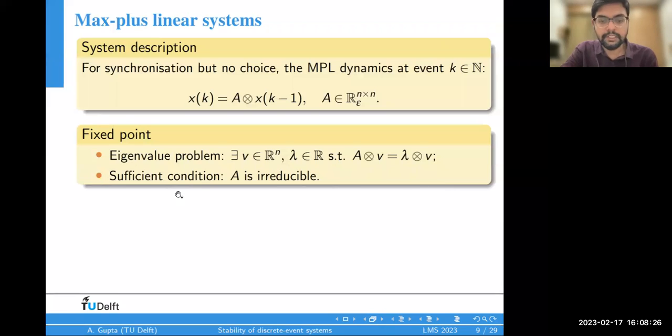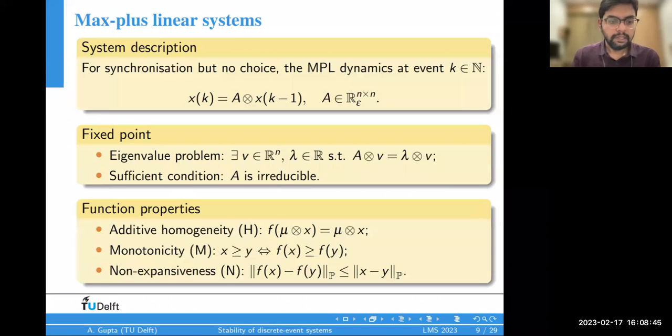And the sufficient condition for that is to have this matrix A irreducible. So there are certain properties that allow us to derive these stability properties just from the existence of a max plus eigenvector. These are very important. The first one is additive homogeneity.